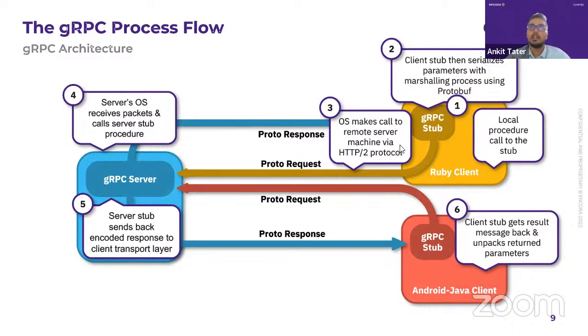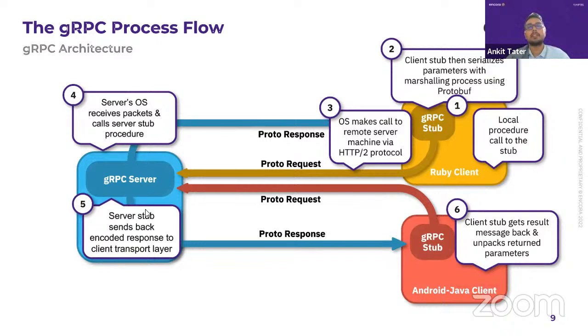the gRPC server with that data or those parameters, and your OS basically makes a call to the HTTP server, your gRPC server. On the server side, the OS receives the packets and gives them to your server stub.